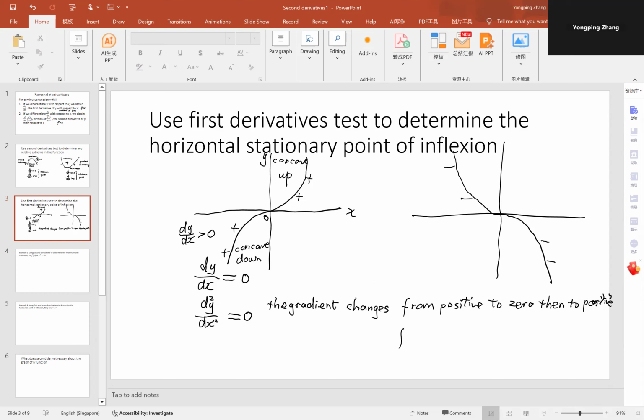This is from negative to 0, then to negative again. This is dy/dx. That is negative.